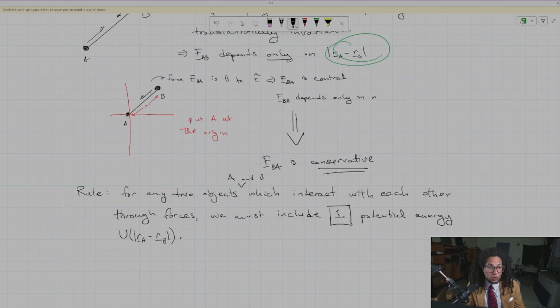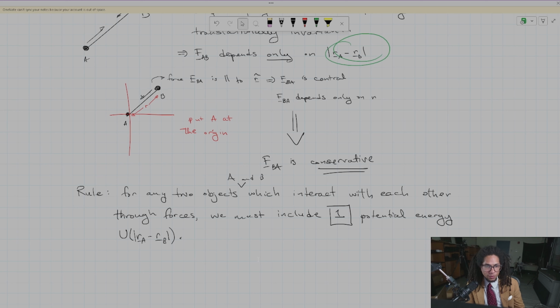Now, this rule often stumps students who are new to problems like this, who want to include potential energies separately for the two objects. But there's one way that you can think about the fact that there should only be one potential energy that I think is kind of clever. Imagine at first you have a universe where A and B are, roughly speaking, infinitely far away from each other. So they're both at infinity.